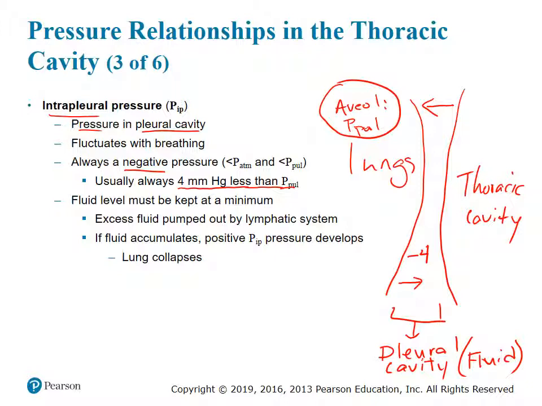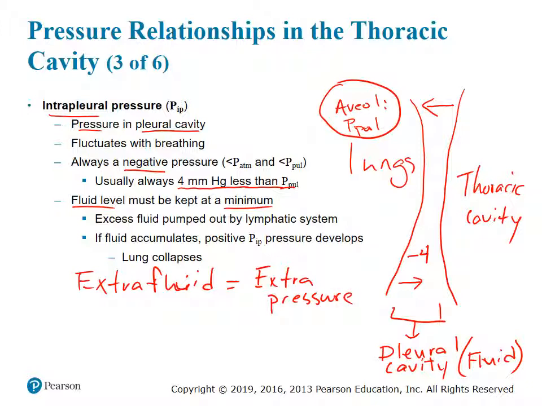Okay, so fluid levels always have to be kept at a minimum. There's always a threshold of fluid that needs to be kept, because extra fluid is going to equal extra pressure in the pleural cavity.